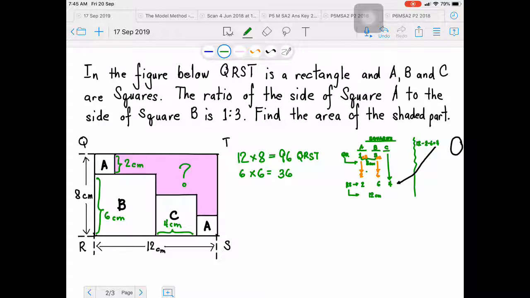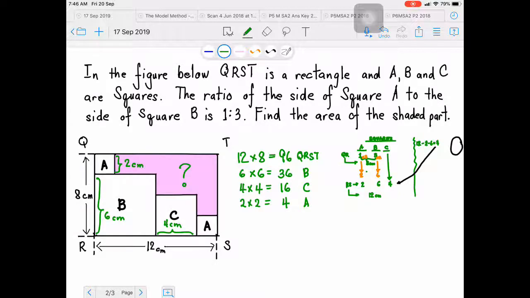So we multiply 6 times 6, that's 36. 36 square centimeters is the area of square B. Let's find now the area of square C. 4 times 4 is 16. So that's the area of square C. And we have two squares A. First we multiply 2 times 2, that is 4. So the area of one square A is 4 square centimeters.